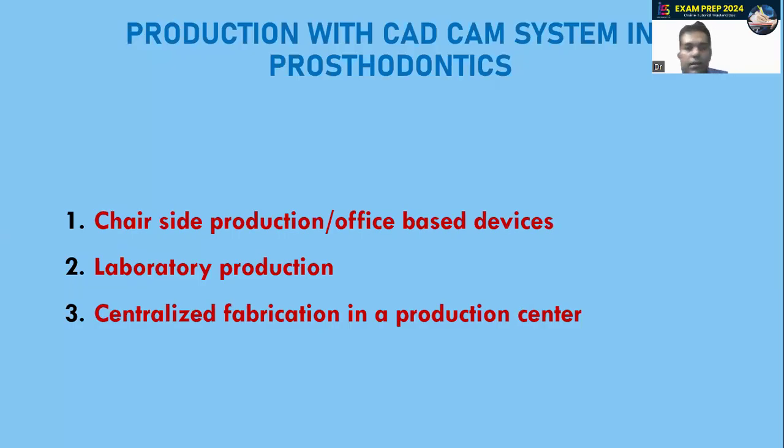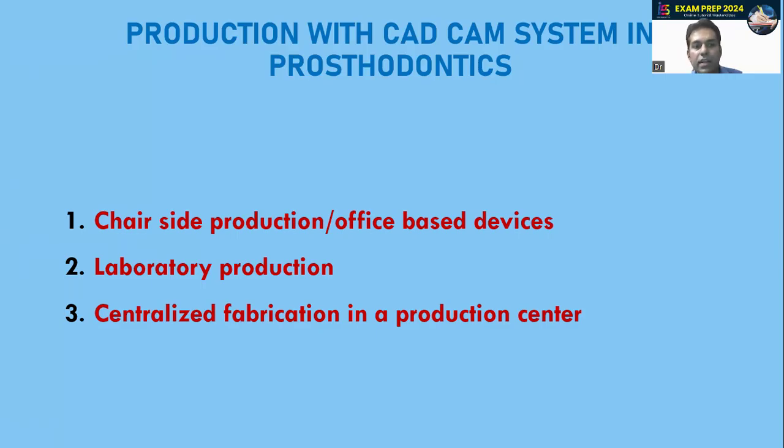Basically, under this category, the impressions are made by the clinicians and they are sent to the laboratory where the models are fabricated by the laboratory persons using these impressions. And these fabricated models are scanned with the help of desktop scanners. And then the restoration or the process is fabricated.